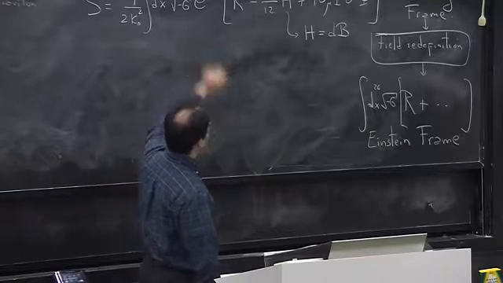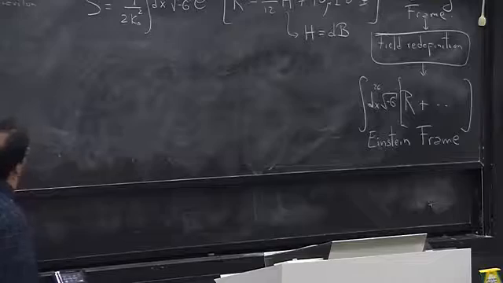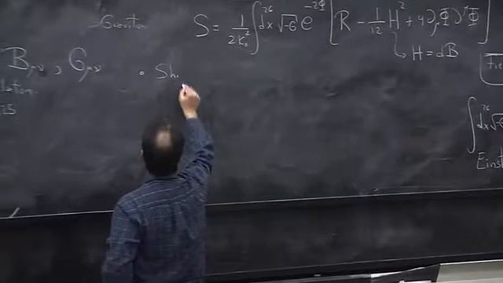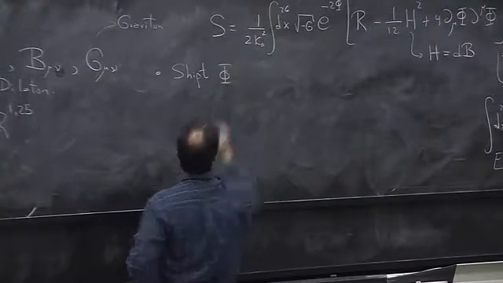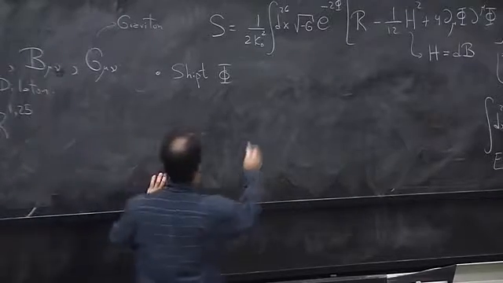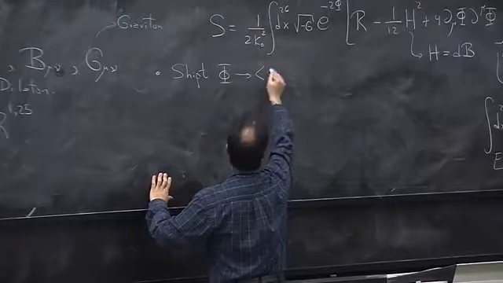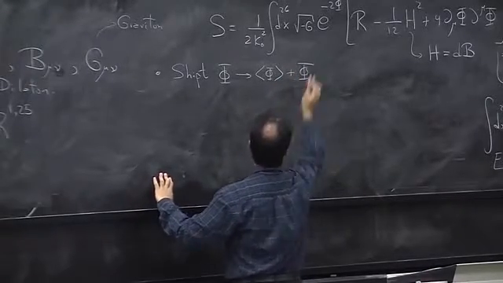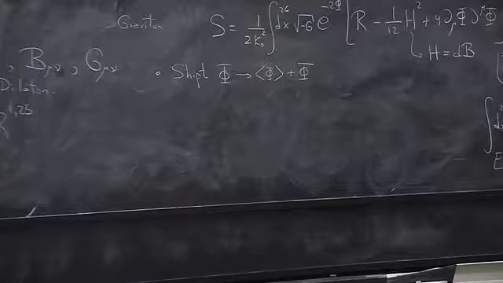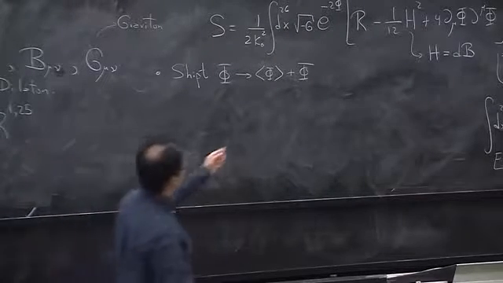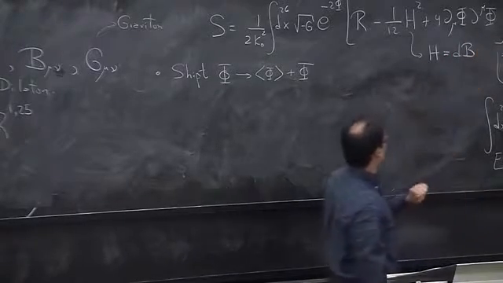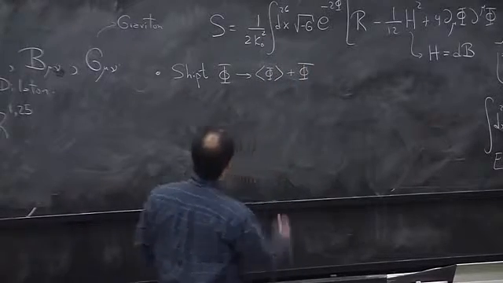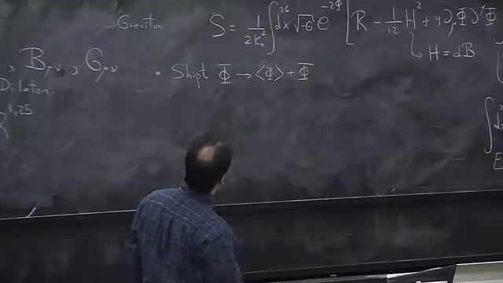So now in the string frame, there is something interesting that we can notice already. Imagine that we shift the dilaton by a constant. Say the dilaton acquires some expectation value, and there is some fluctuation, which we call the field again, right? So what happens? Well, clearly, nothing happens here. These are derivatives. And what happens is that we pick up a factor from the overall exponential.